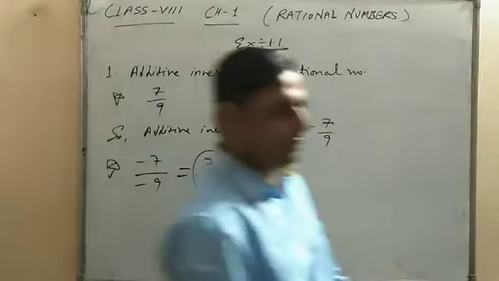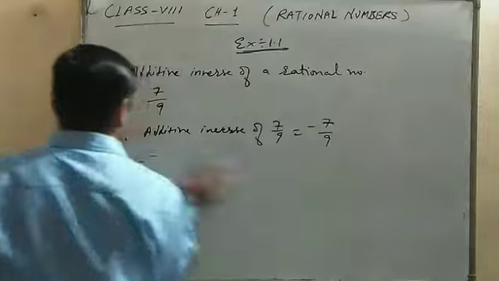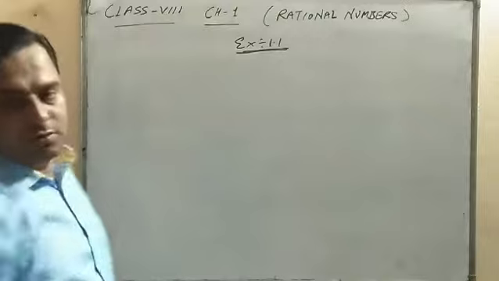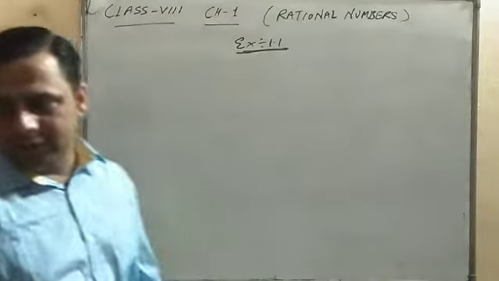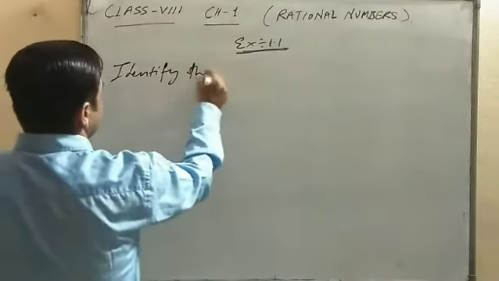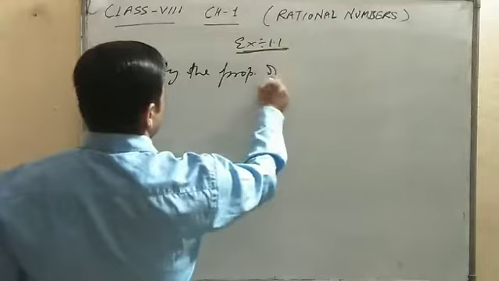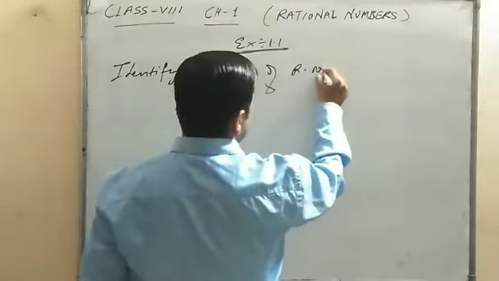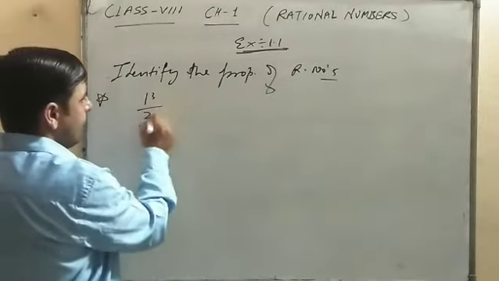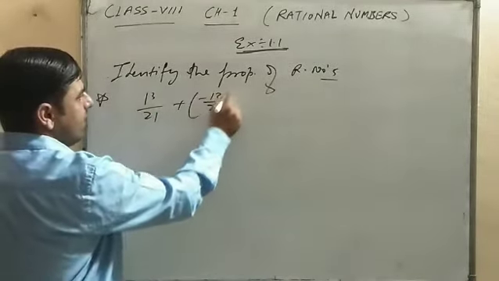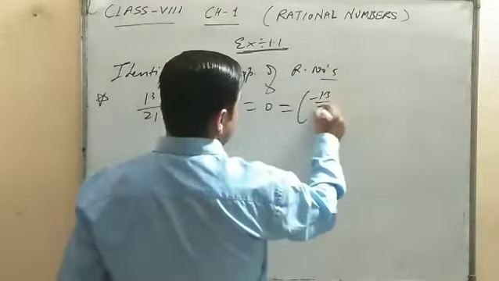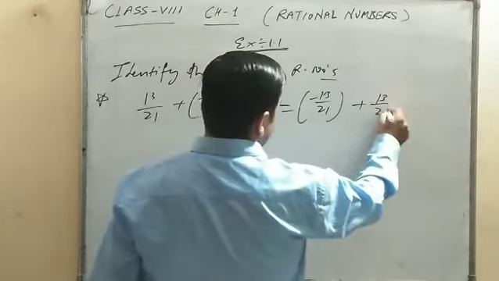So next one is, identify the property of rational numbers. There are some parts. Suppose 13 upon 21 plus minus 13 upon 21 is equal to 0, is equal to minus 13 upon 21 plus 13 upon 21.